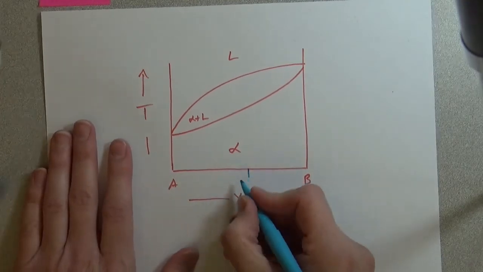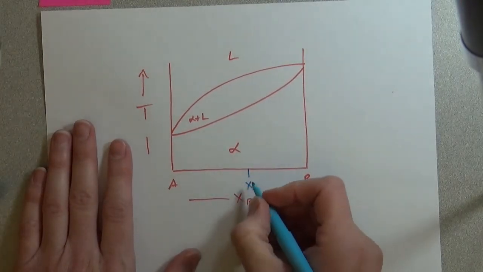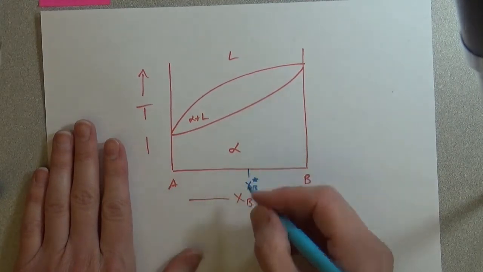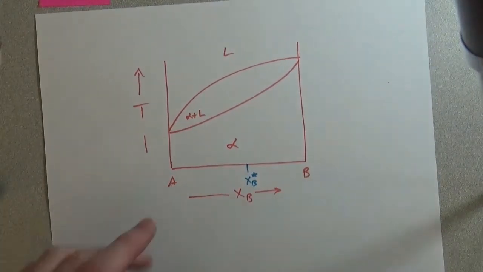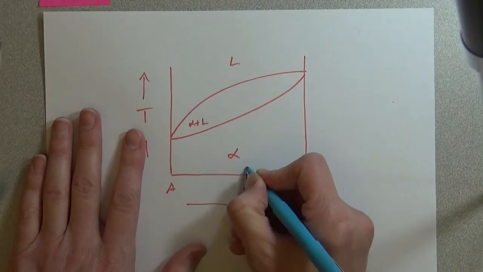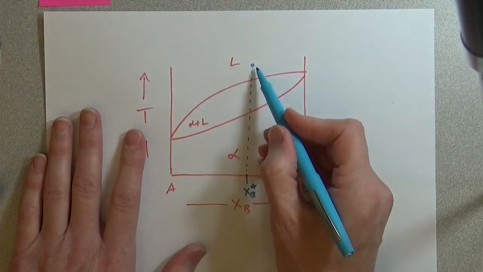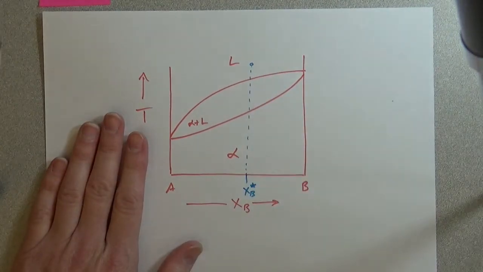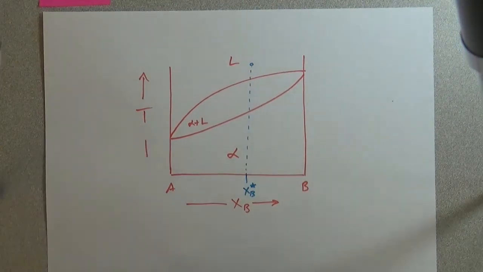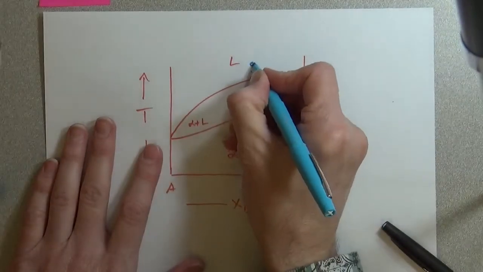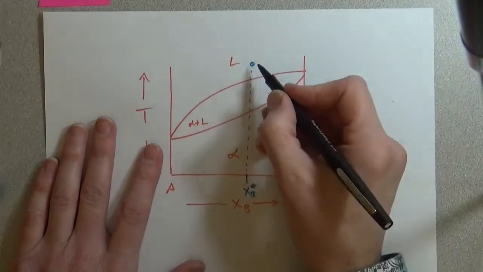If we pick this as some XB, we'll call it star. This is a particular composition, and we mix A and B together and we heat it up until it's liquid. So we're up in this region. Well, if we look at the microstructure at this point, it's going to look something like this.